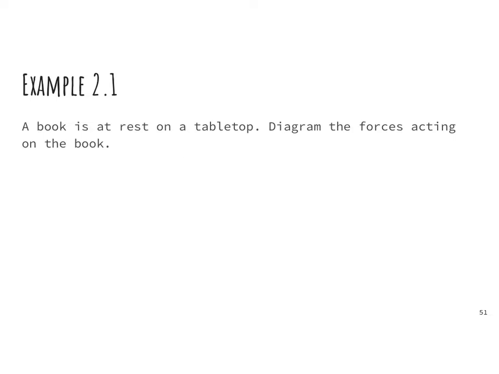All right, so we have an example problem now, and it's a very simple example problem. A book is lying at rest on a tabletop. Draw the forces acting on the book. When I identify the forces, almost always there's going to be a weight force pulling down on the book, and in this case it's sitting on a table, so I know that there's a normal force as well. I draw the coordinate system, and this gets a little overkill. We don't need to really do this every time.